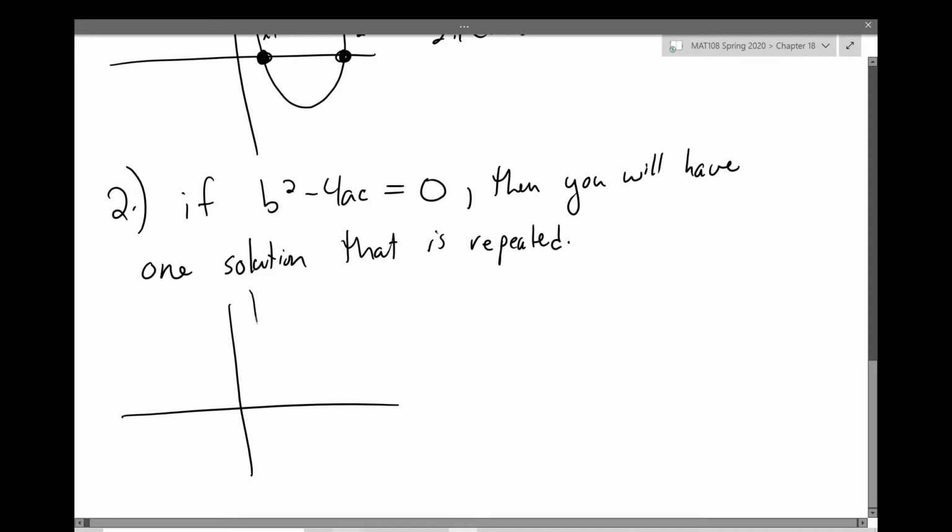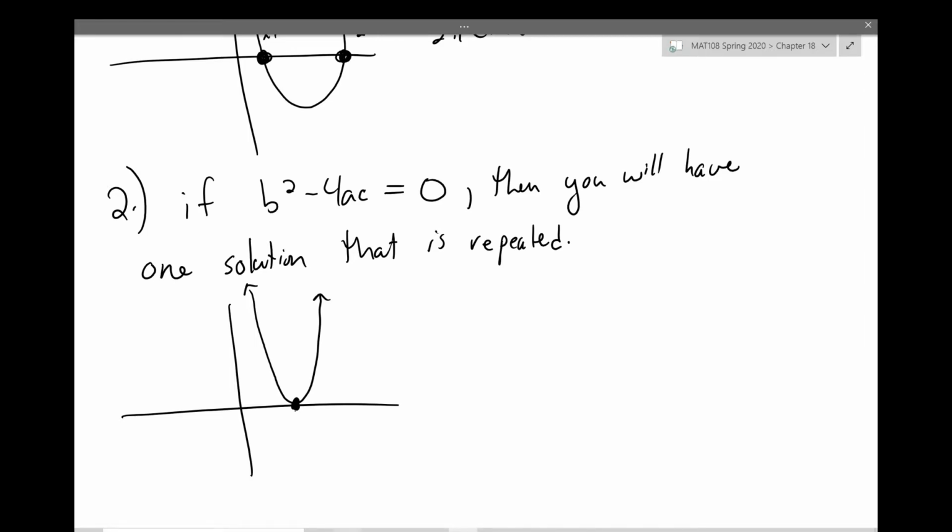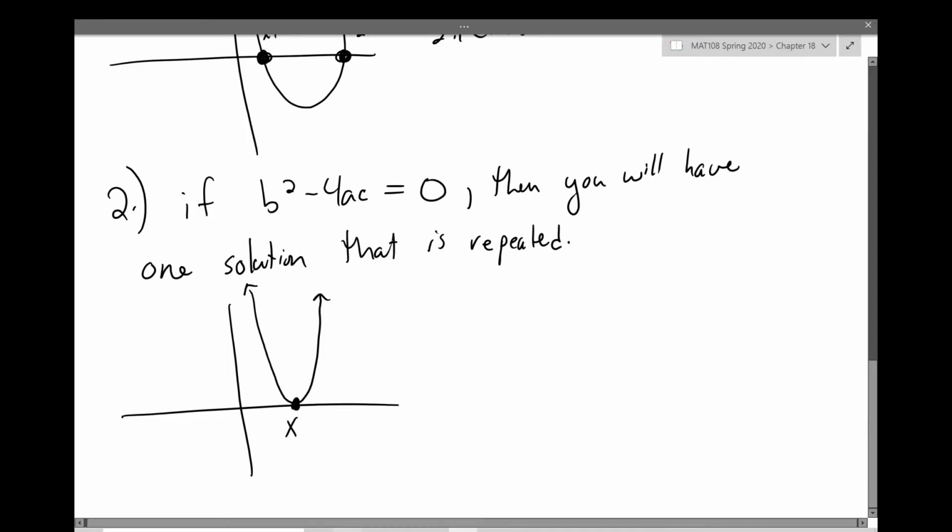Here's our quadratic. We're going to graph it. And notice it only hits our x-axis once. It hits at the vertex. So this is going to be x1, so x1 equals x2. In other words, they're repeated solutions. And we will see problems like that.